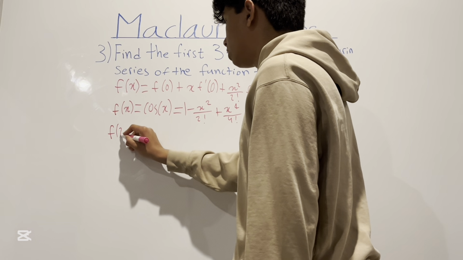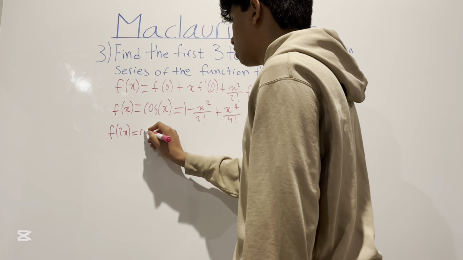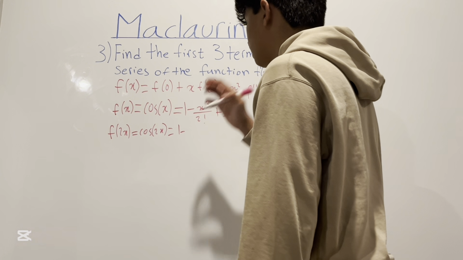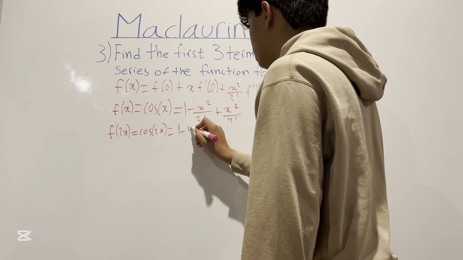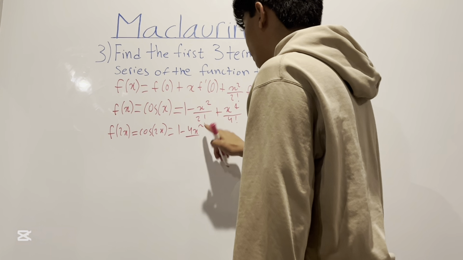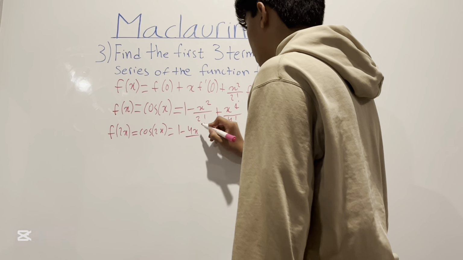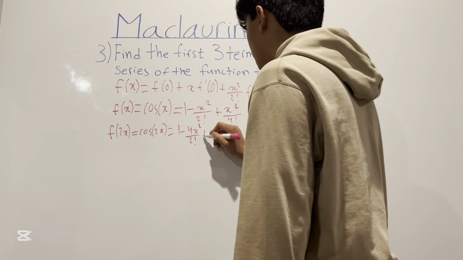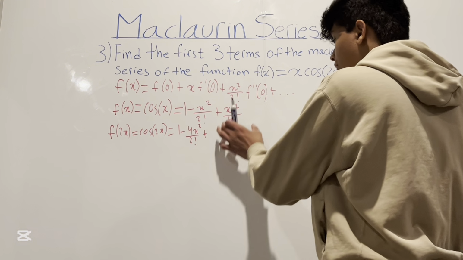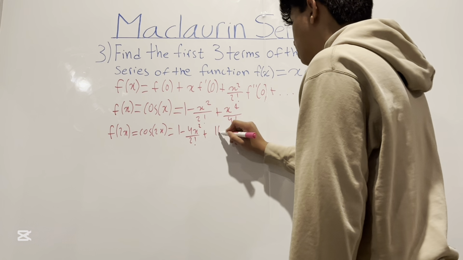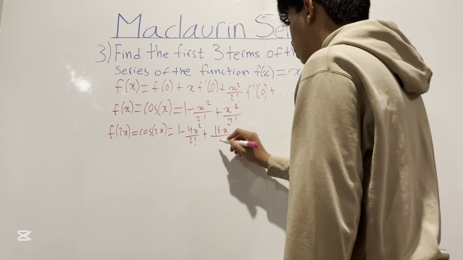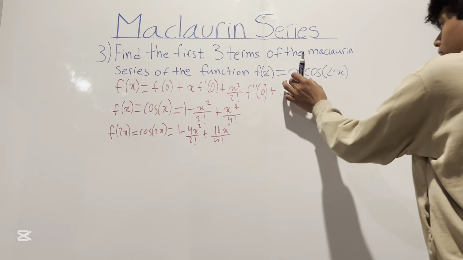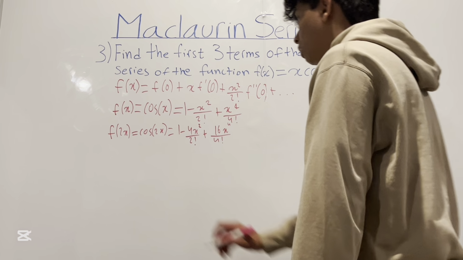So cosine 2x equals 1 minus 2x squared, which is 4x squared, over 2 factorial, plus 2x to the 4, which is 16x to the 4, over 4 factorial. Now we need to just multiply by x.